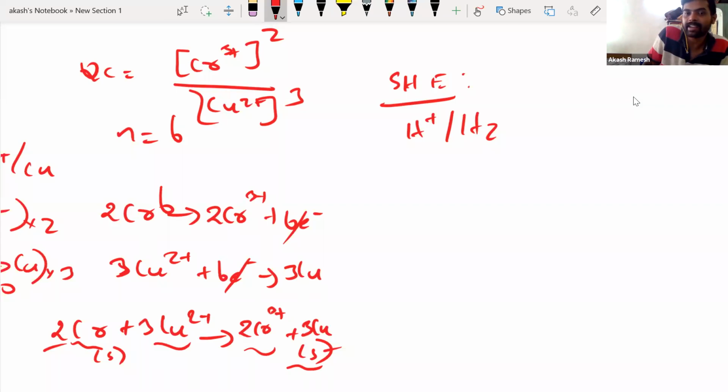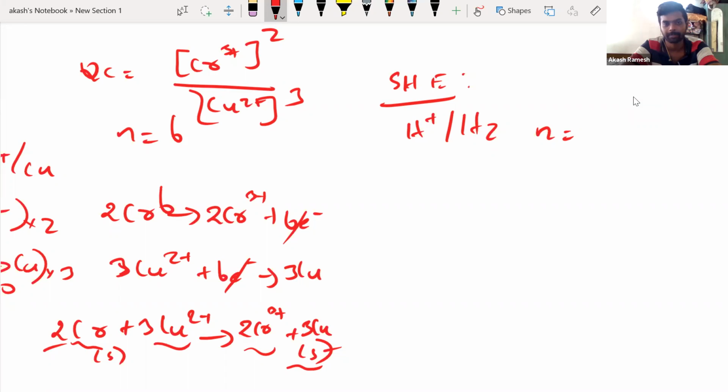Now think and tell me what should be the n value for this reaction, if at all I have only SHE. Looking at the transformation that is going to happen, how many electrons are involved here? 1, sir.